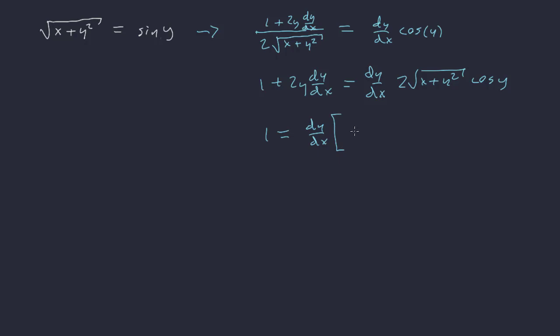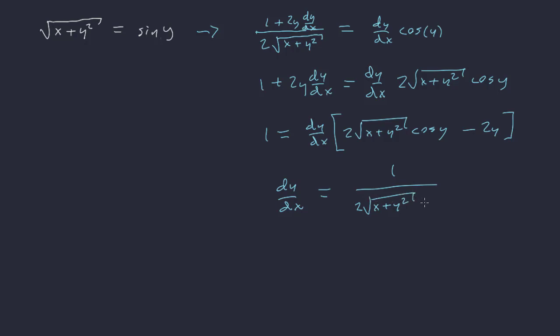I'll go ahead and factor and move at the same time. So I have 2 square root of x plus y squared cosine y minus 2y, and that's what we would go ahead and divide by. So dy by dx will be 1 over all this junk here: the 2 root x plus y squared times cosine y minus 2y.